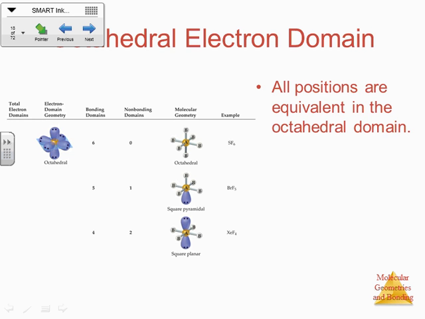You can also have square pyramidal if you have a lone pair on the bottom here, so you've got your pyramid base, and this all goes up to a point here, so it looks like a square pyramid. And then you've got square planar, where you've got 2 lone pairs, and then you've got all 4 of your atoms in a plane, okay? And so that's how that works.